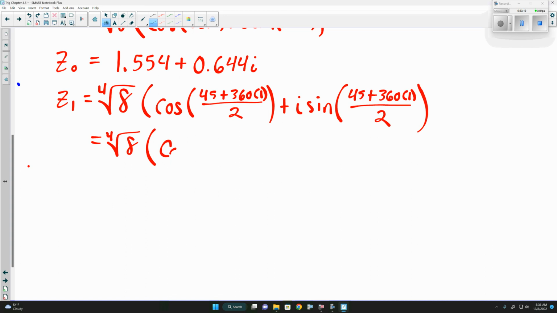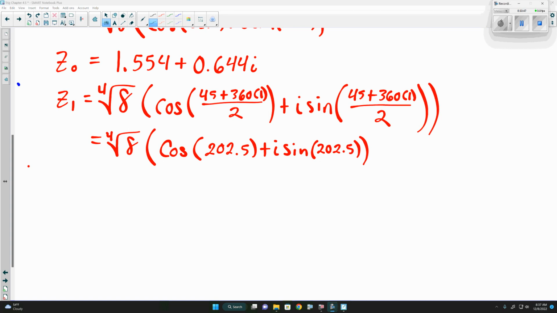We type this in. Cosine of 202.5 plus I sine of, oh, forgot that. Or, since I know I'm just adding 360 to it, go on and skip that middle step and just write it as the 4th root.